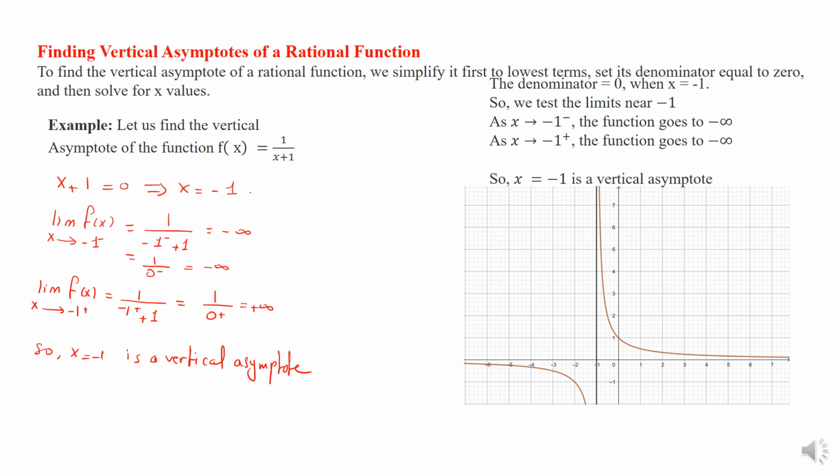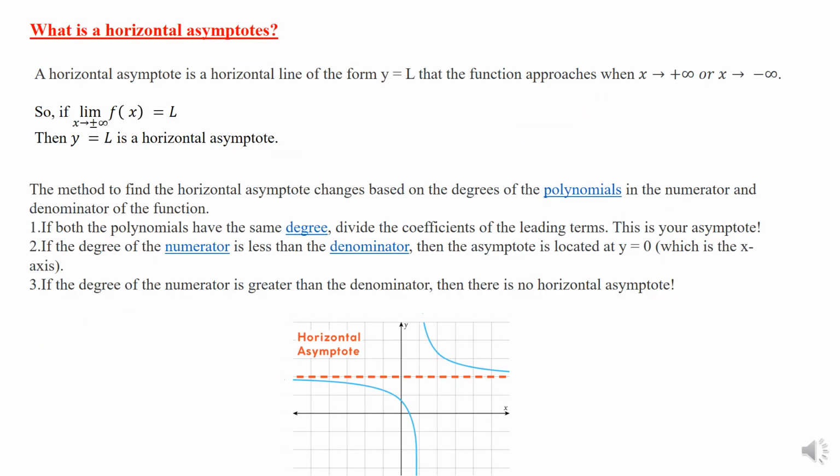but not touching it. Now, what is a horizontal asymptote? A horizontal asymptote is a horizontal line of the form y equals L. The function approaches y equals L when x tends to plus infinity or x tends to minus infinity.